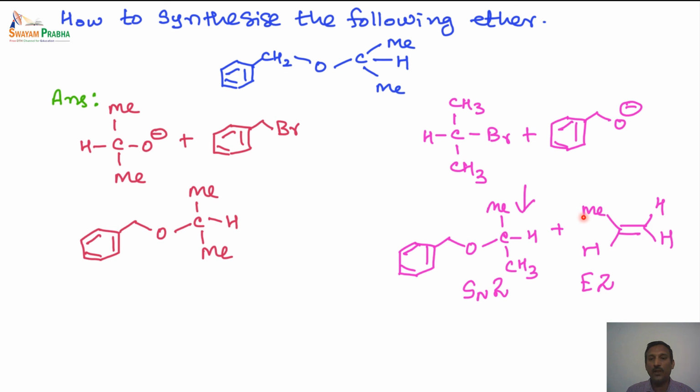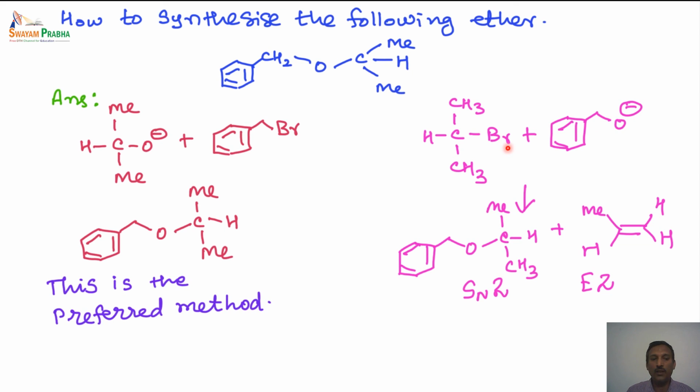In other words, we will have difficulty in getting maximum yield of our required ether. So this combination is not a preferred combination, and this is the preferred combination where we have the alcohol on this secondary carbon and the benzyl bromide, because this cannot undergo elimination. So that's the reason this combination produces our required product.